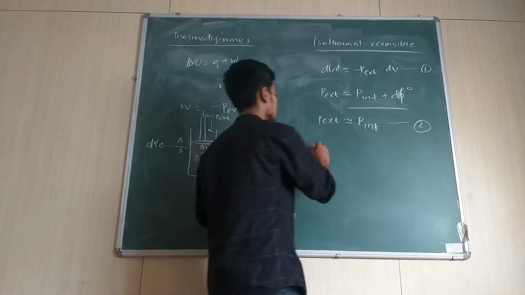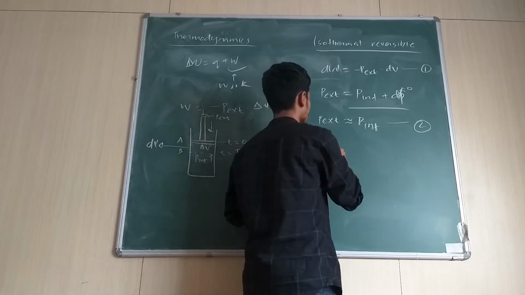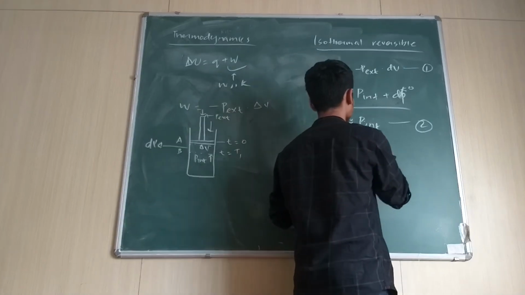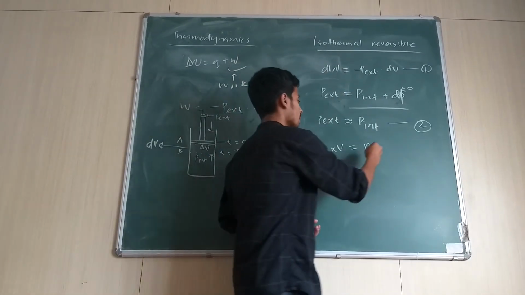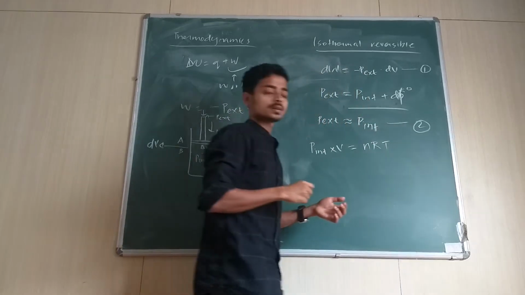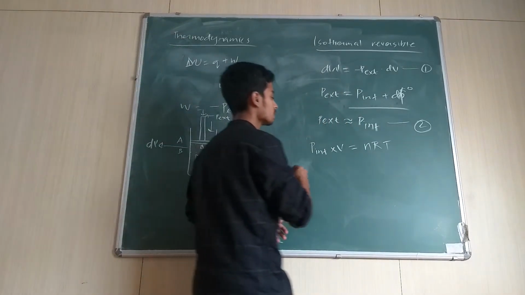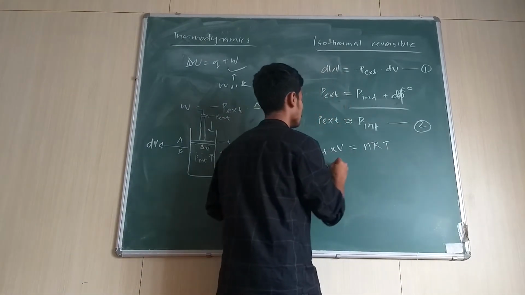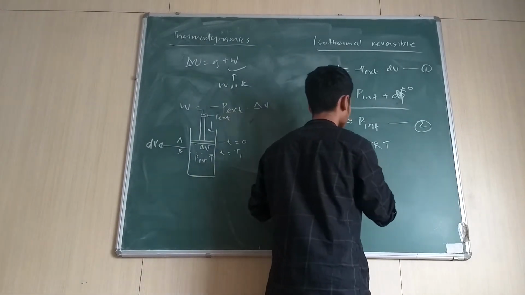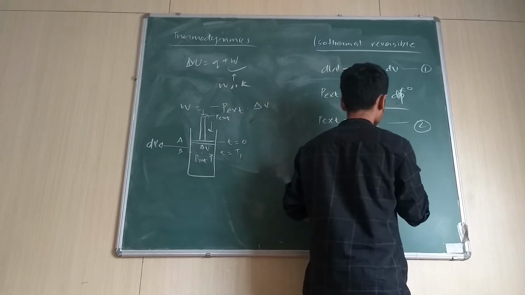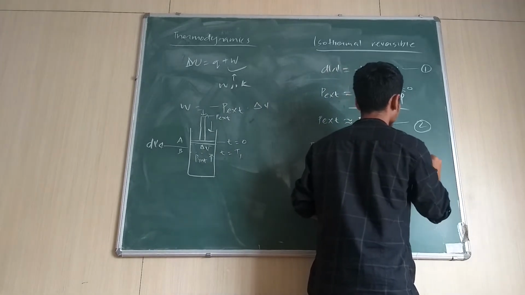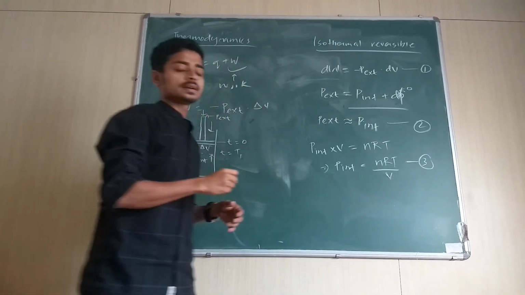So we can write P internal into V is equal to the number of moles of gas present into R into temperature of this piston cylinder system. So I can write P internal equal to nRT by V. Let this be equation 3.